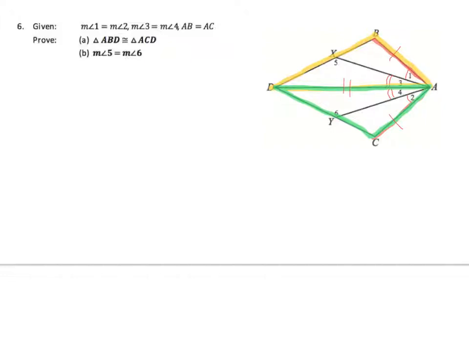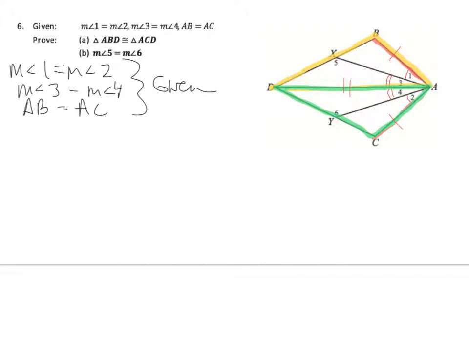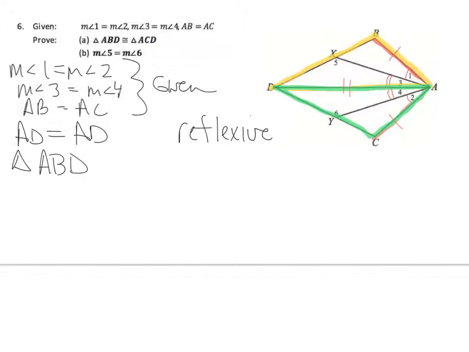I can do side angle side. Let's do it. Yay. Okay, I'm gonna push pause and write down what we know. Okay, that's all that's given. I can also write down that AD is equal to AD because of the reflexive property. So now I can say that triangle ABD is congruent to triangle ACD because of side, angle, side.